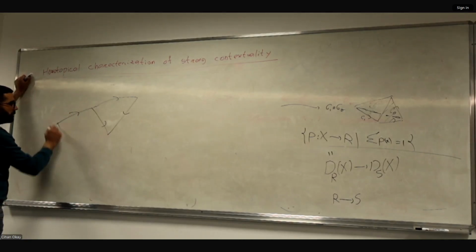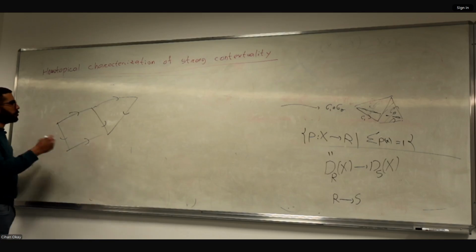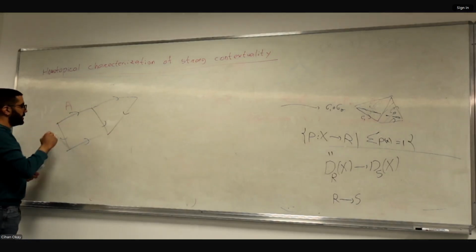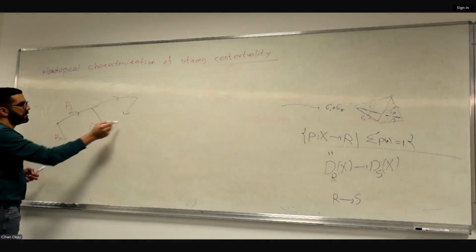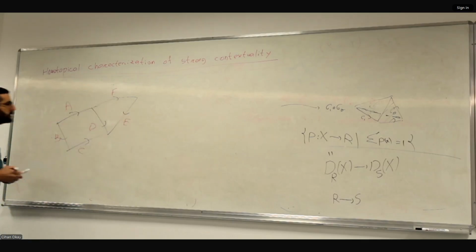If I have a simplicial distribution on this, what does that mean? It means distributions, like matrices, here A, B, C, D, E, F, something like this.